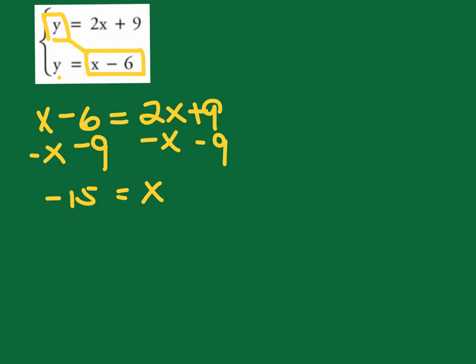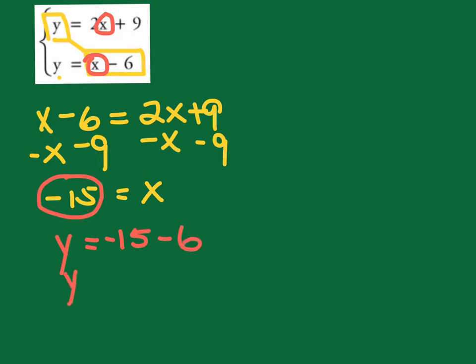So now we're going to take negative 15 and plug it into either of the original equations for x. It does not matter which. So I think the second equation is easier, so I'm going to use that. So y equals negative 15 minus 6, and I get y equals negative 21.